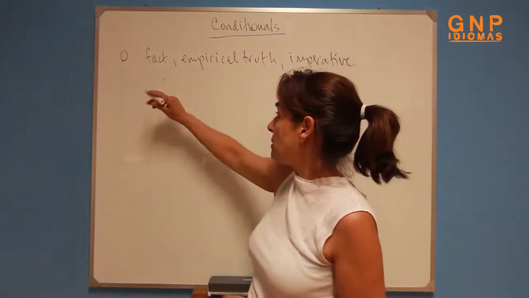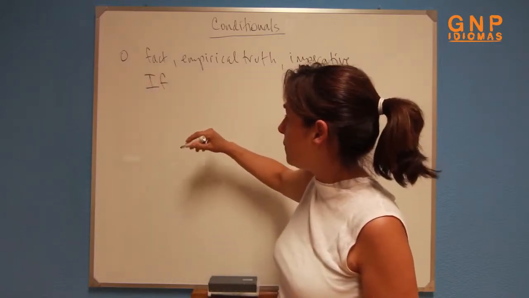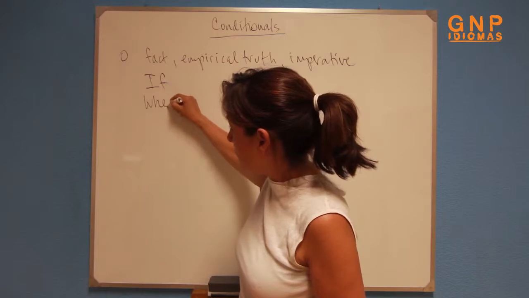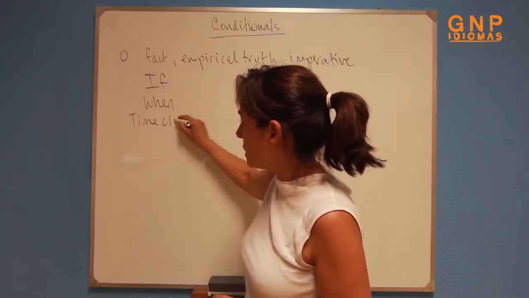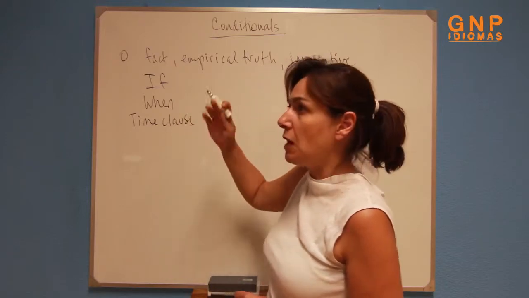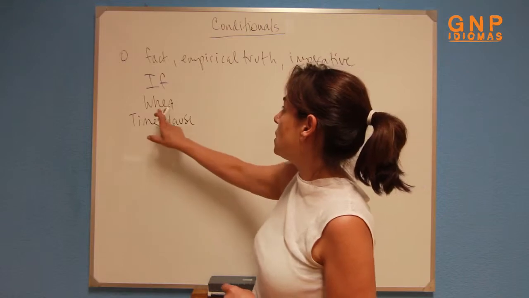First of all, the formation: it's the if. You could use if or you could use when, any sort of time clause here. What is a time clause? Well, when, after, once, before. Those are time clauses.